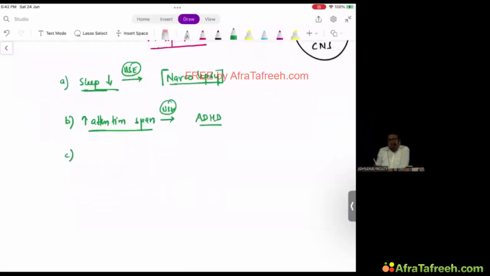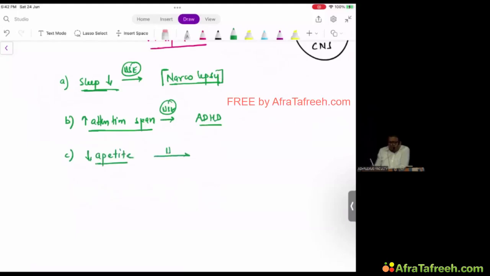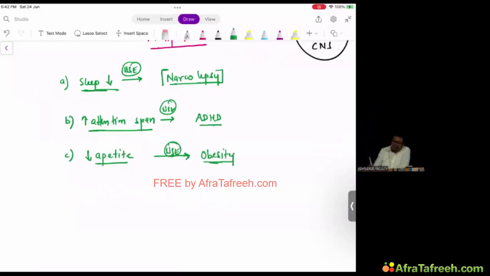Third, when Na increases, your mind is active, it decreases appetite. So where can this property be used? Decrease in appetite. Treatment of obesity. So in theory, amphetamines can be used in treatment of these 3 conditions: narcolepsy, ADHD, obesity.